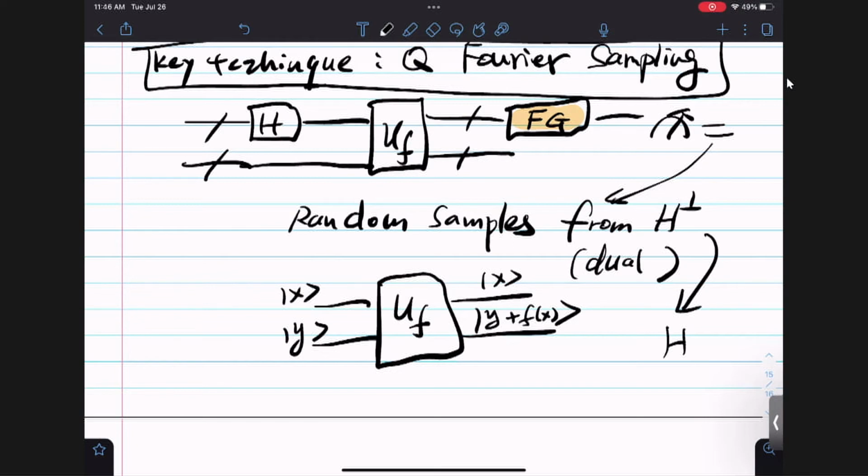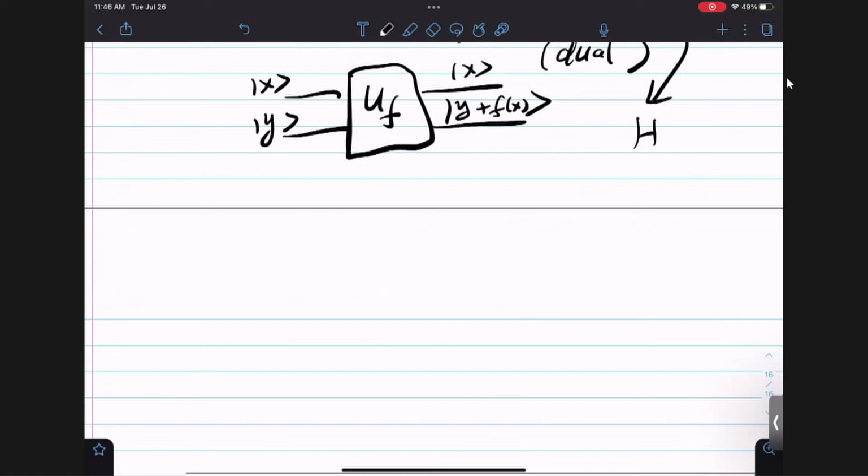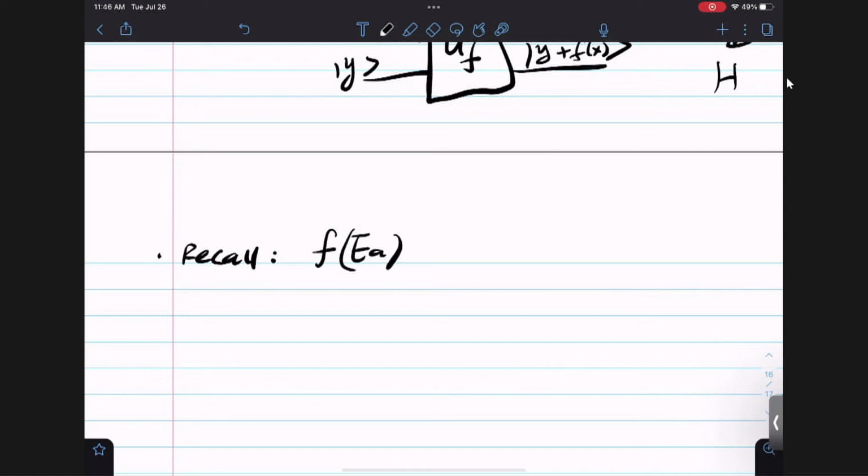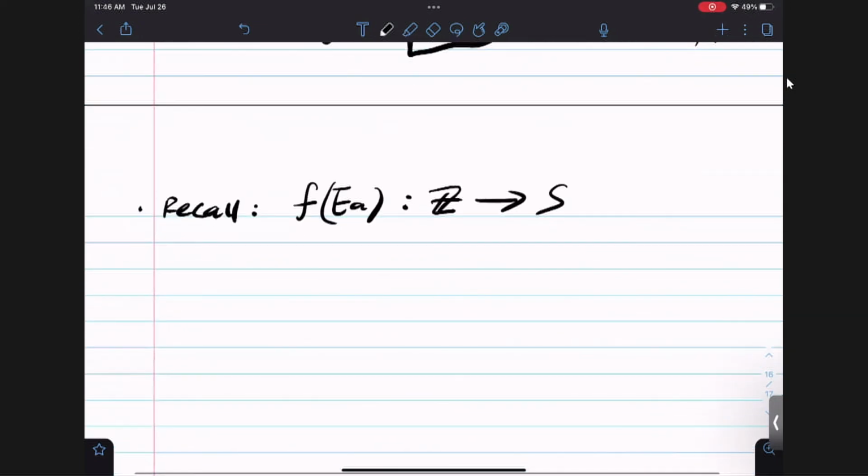Okay, so let's put this into perspective. Let's recall order finding. The function f here is just the modular exponentiation. So it's a mapping from Z to some set, where R is the order.